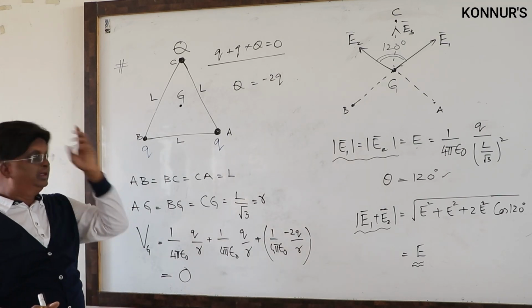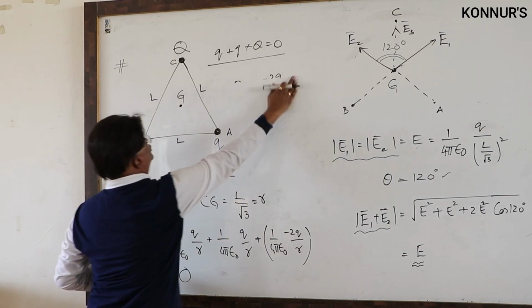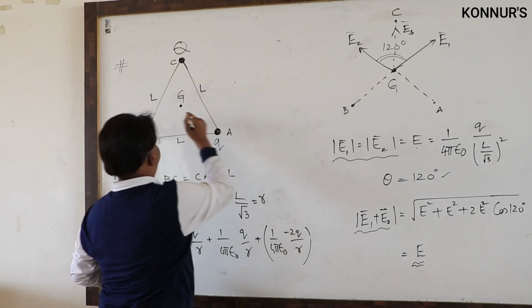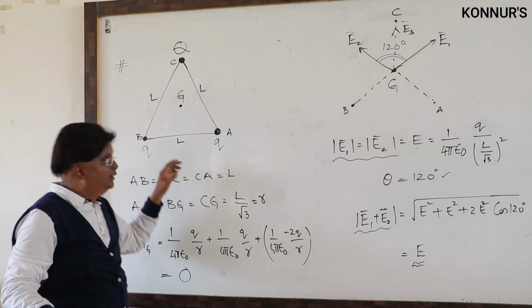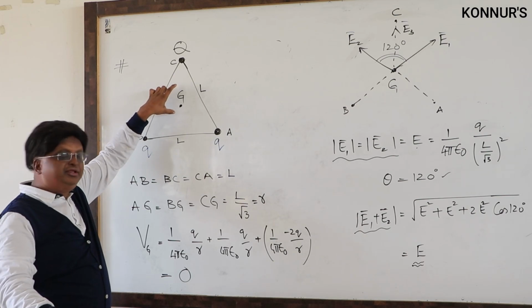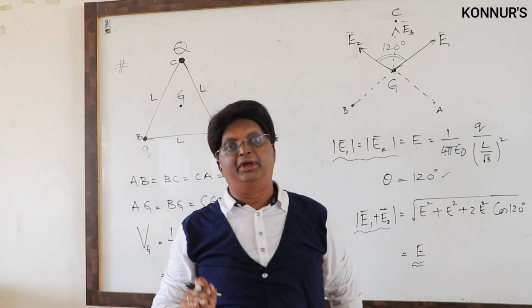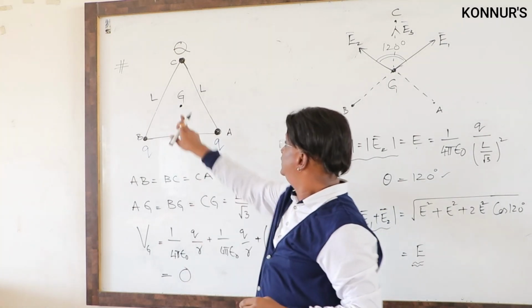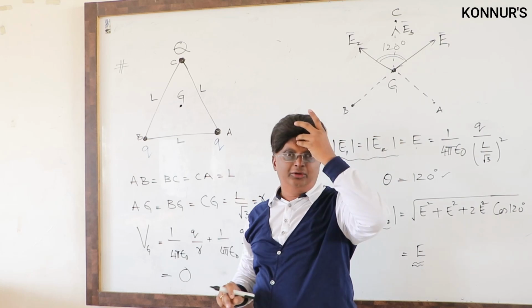Supposing in the same question, I say for what value of Q the intensity at G becomes 0. See, earlier we took for what value of Q the potential at G becomes 0, but this time it is: for what value of Q the intensity at the centroid becomes 0. Now for that again, look at this vector diagram.